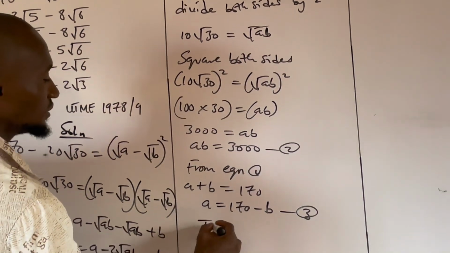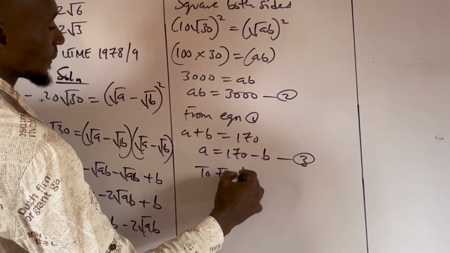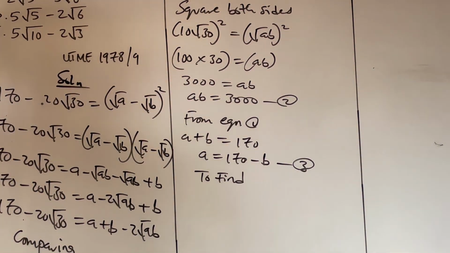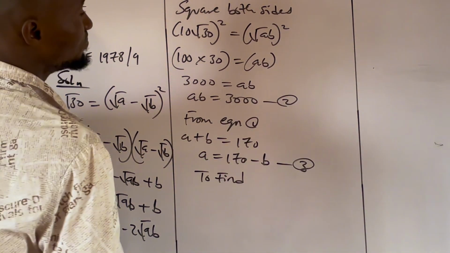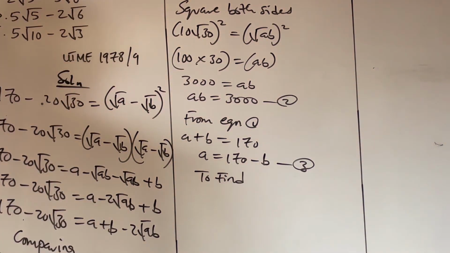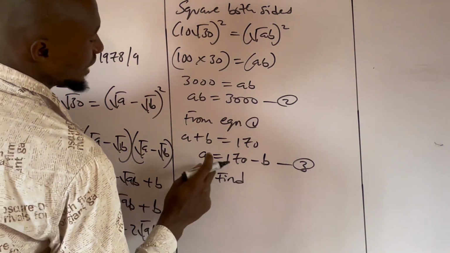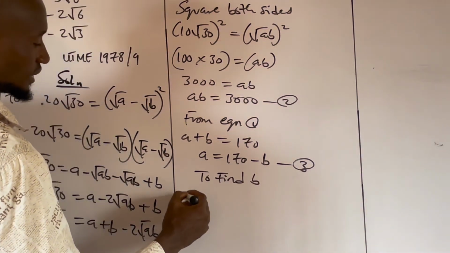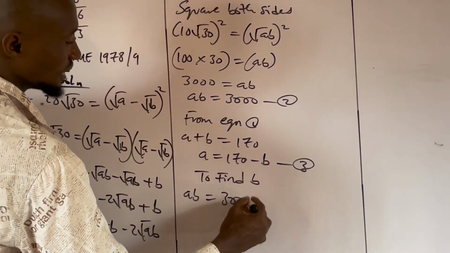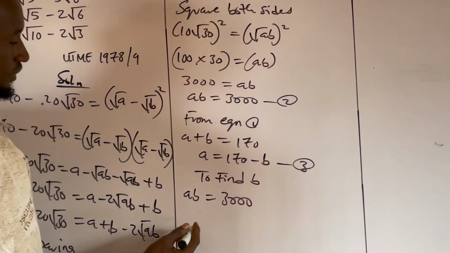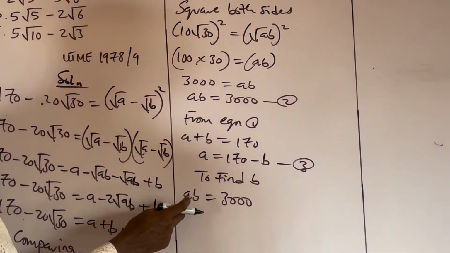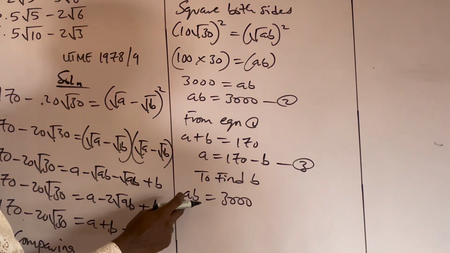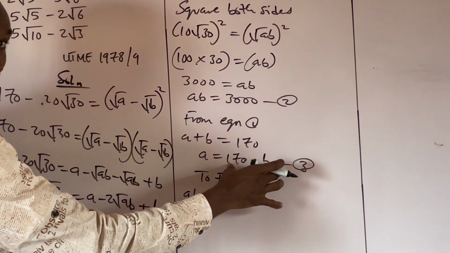Now to find B, or A, whichever one. Since we have A equal to this, and AB is equal to 3,000 according to equation 2, anywhere you find A, you substitute for this.